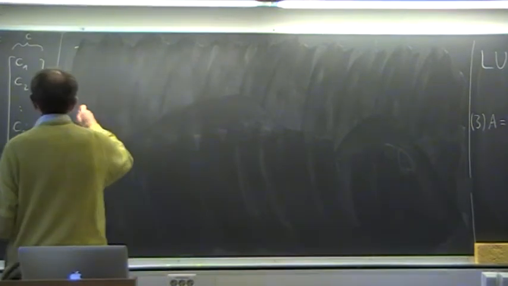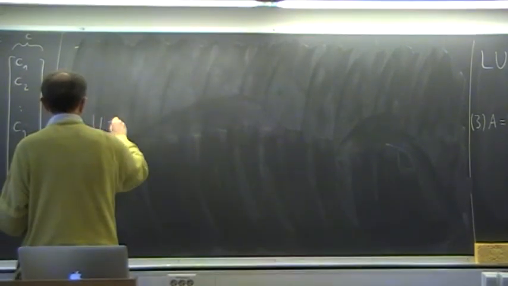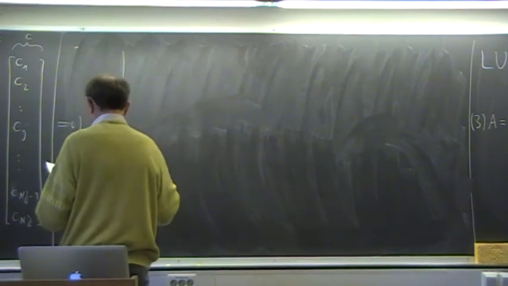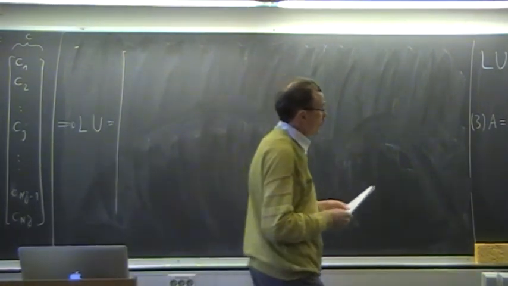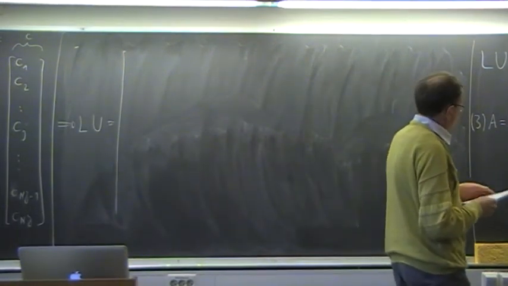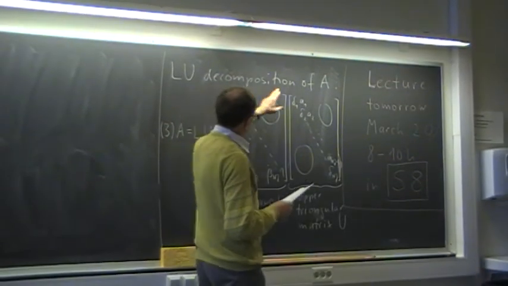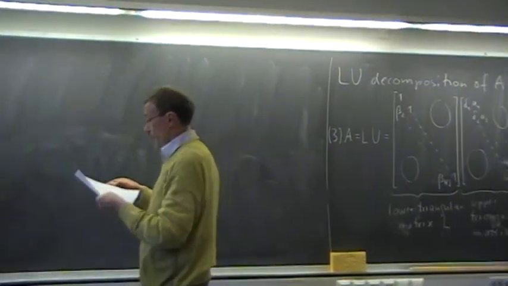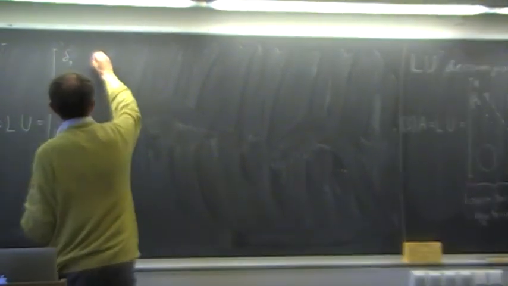To do this multiplication, we need a little space here. First, 1 times delta 1, and 1 times A1, so we just get delta 1 and A1. That is easy.